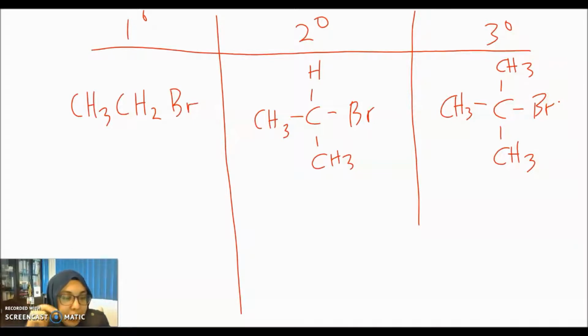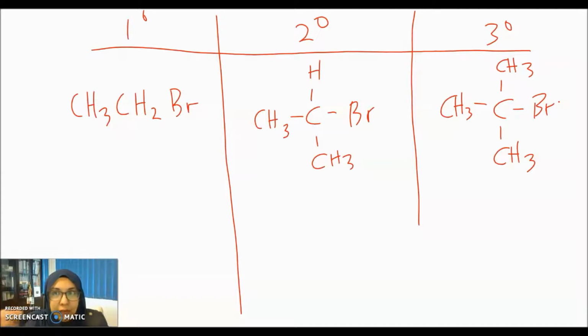When that carbon has 2 hydrogen, then that is primary alkyl halide. When the carbon attached to the bromine here has only 1 hydrogen, that is secondary. However, when that carbon with the halogen atom doesn't have any hydrogen, then you may classify it as tertiary.